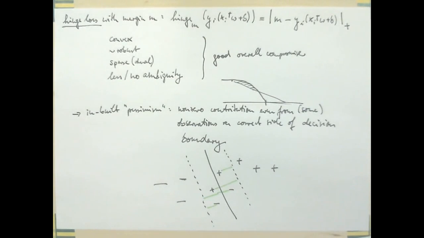And if your classifier is sparse in this dual sense, it means that I can specify my classifier. Remember, my classifier is given by the normal vector W and by the shift, or the bias B. Then I can express the optimal parameters W and B in terms of only a small fraction of the training set.